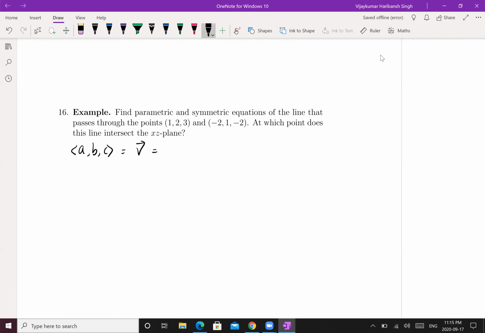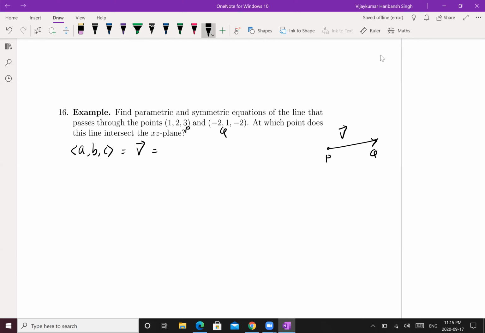Let's call these points P and Q. Then the direction PQ will give you the direction of your line, which is v.